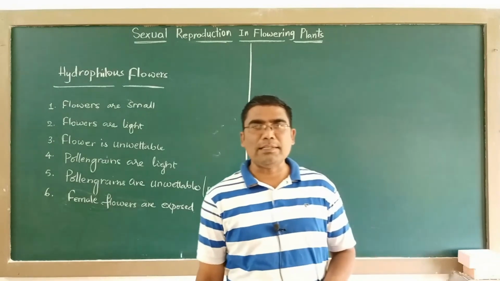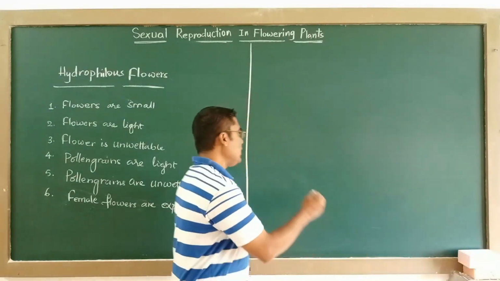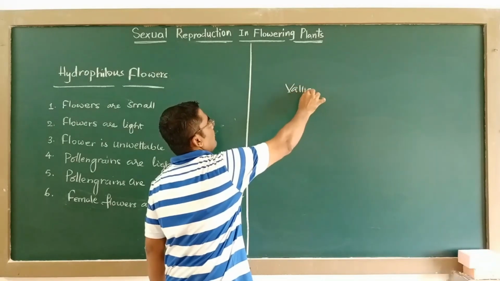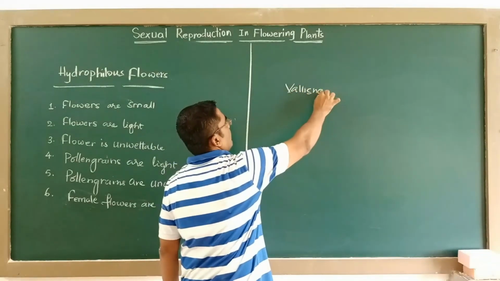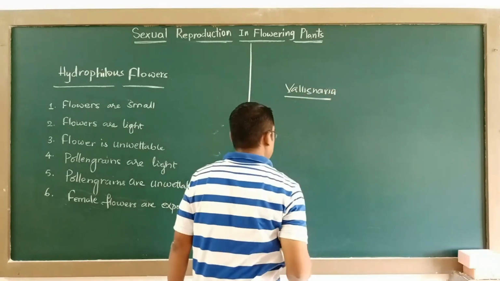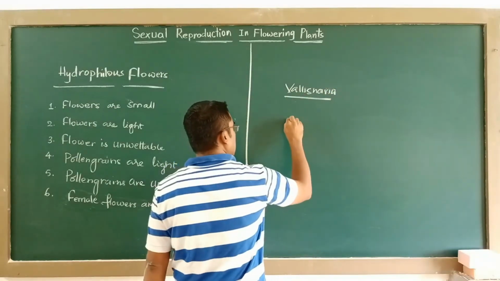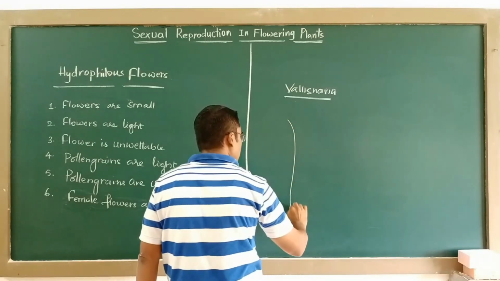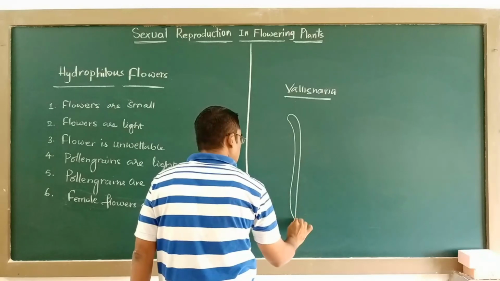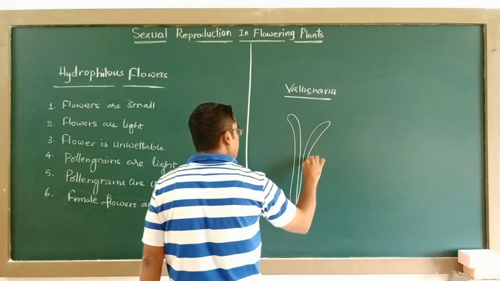A very good example is Vallisneria. Vallisneria is a hydrophyte. When we observe this Vallisneria, it produces bigger elongated leaves.